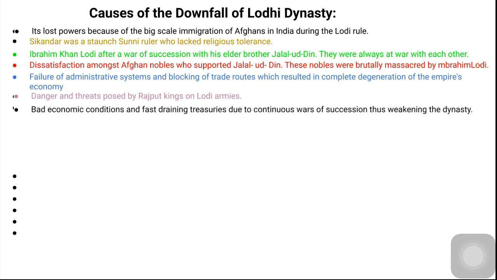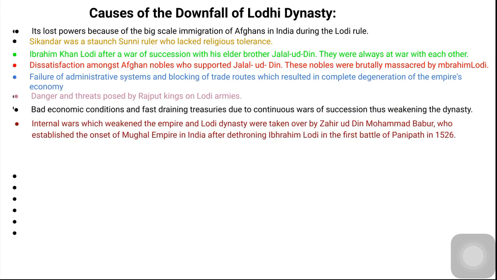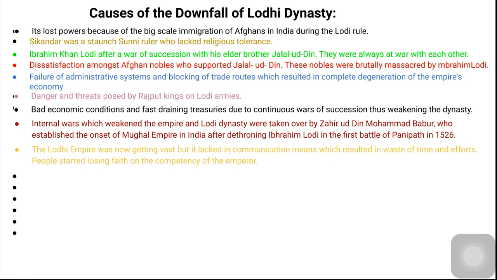After that, bad economic condition and fast draining treasures due to continuous war of succession thus weakened the dynasty. Moreover, internal wars weakened the empire and the Lodhi dynasty was taken over by Zahiruddin Muhammad Babur, who established the Mughal Empire in India after defeating Ibrahim Lodhi in the Battle of Panipat in 1526.